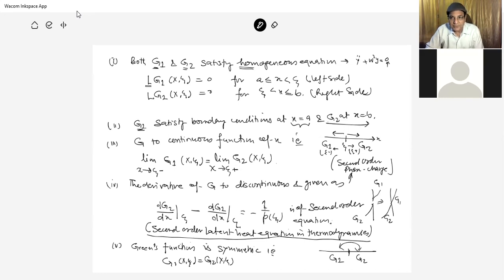The actual second order you have read in the chapter on second order latent heat equation in thermodynamics, where there are phase changes, second order phase change.